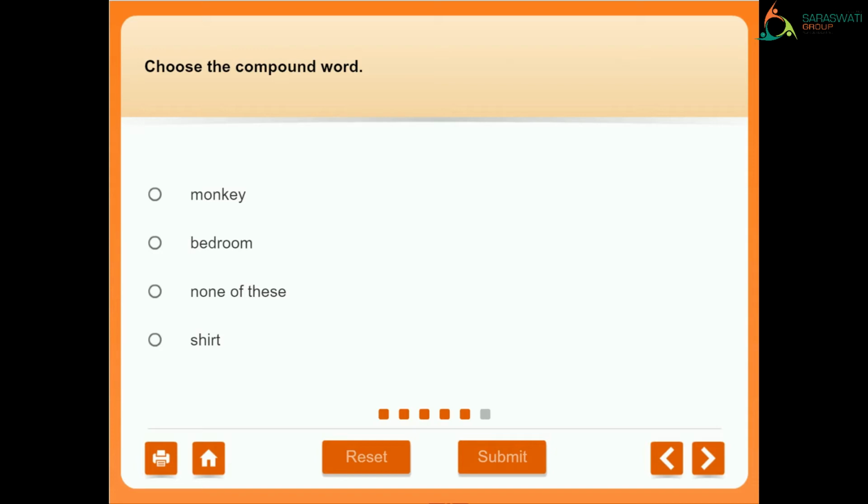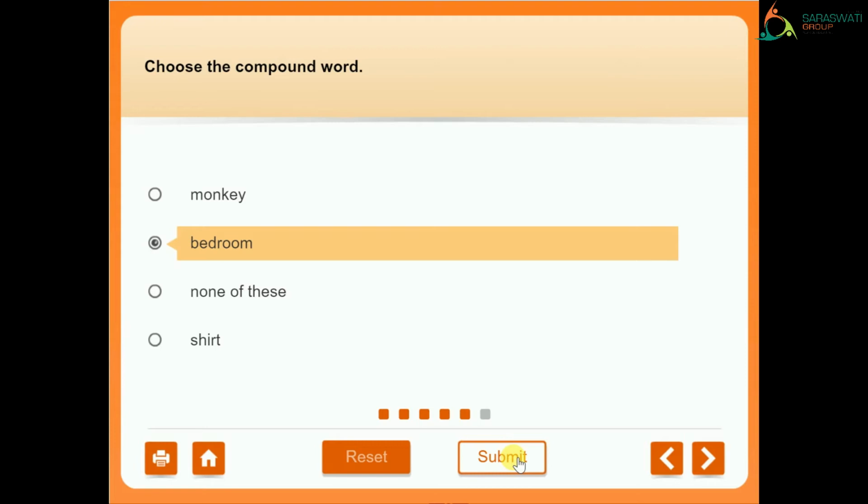Monkey, no, I don't think so. Shirt, no. Bedroom. Let me guess bedroom. Let me submit. Yes, bedroom. Two words join together and make one single word, that is bedroom. Let me go to the next word.